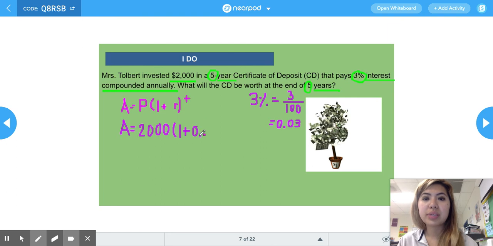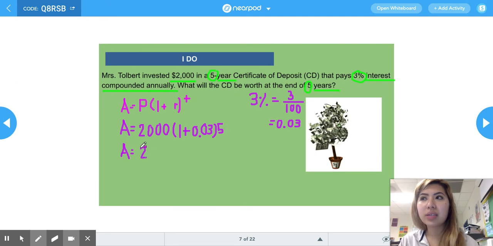So now we have 1 plus 0.03, and now we have to raise 1 plus 0.03 to the power of whatever our time is. In this case, we're trying to find the amount after 5 years, so raised to the power of 5. If we plug this into a calculator, we do 2,000 times 1 plus 0.03 raised to the power of 5.